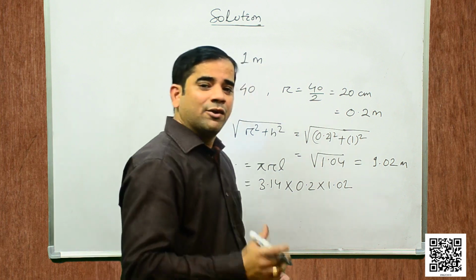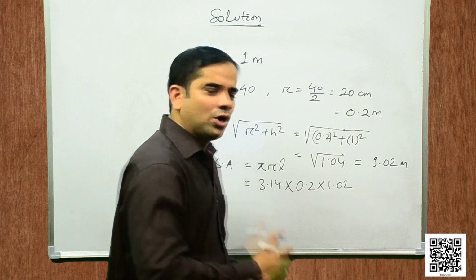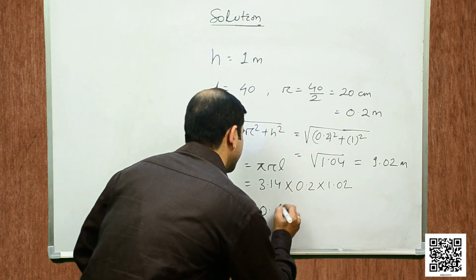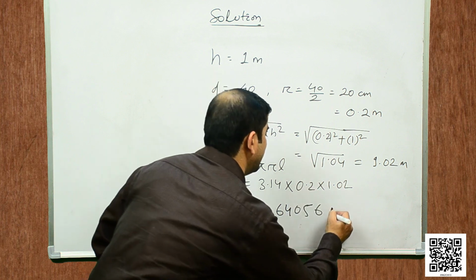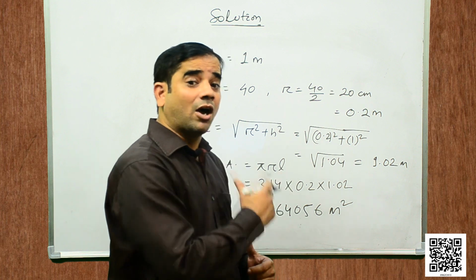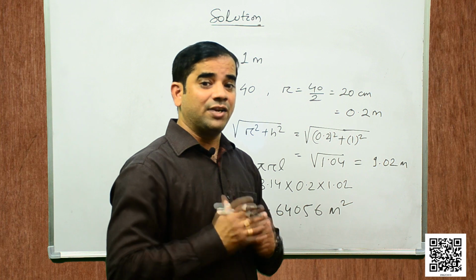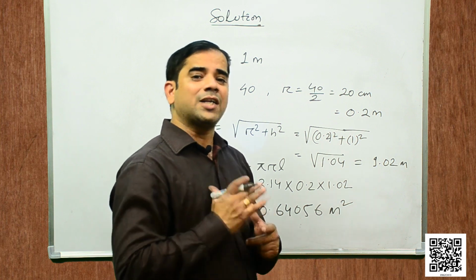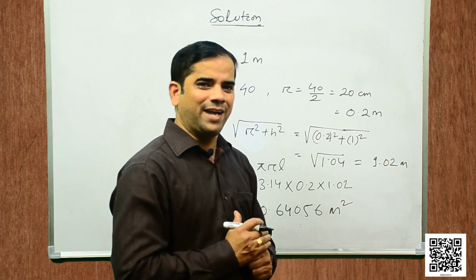Okay. So students, when we calculate, you can calculate by yourself, it will be equal to 0.64056 meter square. Okay. So this is the curved surface area for each cone, but here we are using 50 cones. So let us find out the curved surface area for 50 cones.